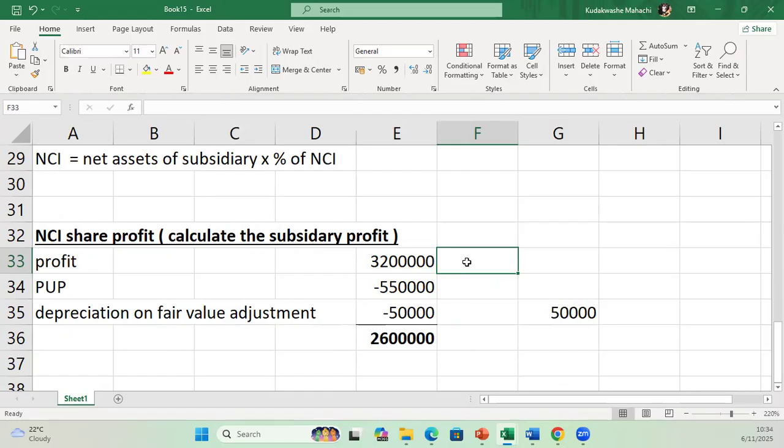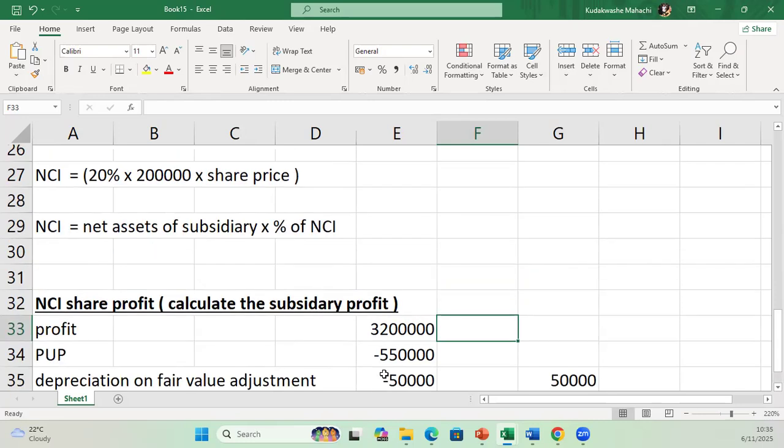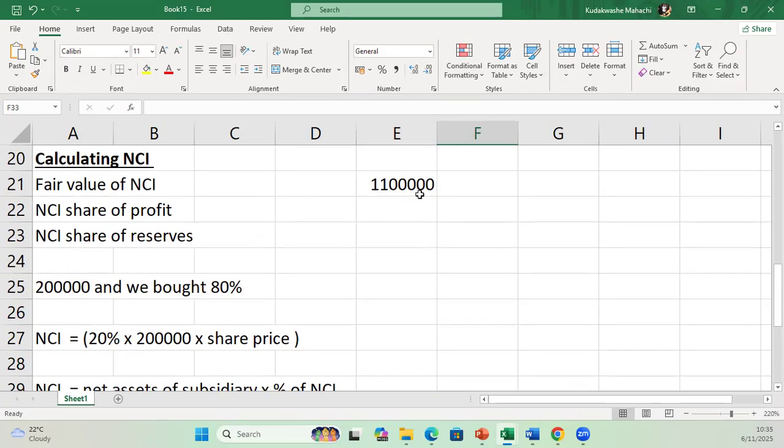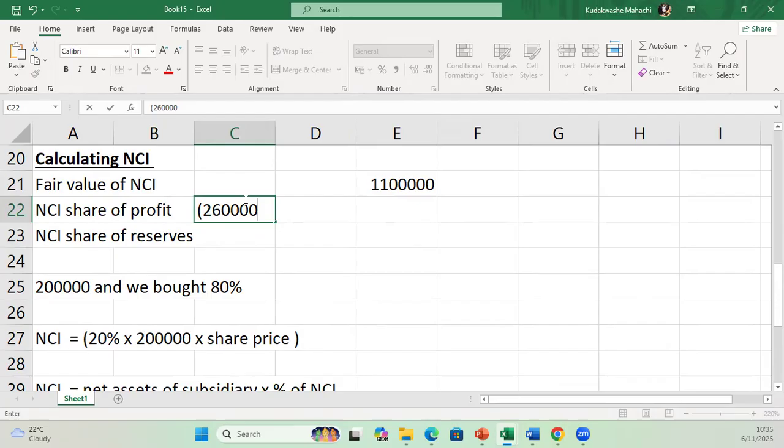Tinosubtract for group retained earnings, no subtract for profit ya parent. So tawana 260 ndo profit ya subsidiary ta adjust. So share of profit takunoti 260 times the percentage ya NCI. NCI yanga inichi tatenga 70% and it tawisa 30%.